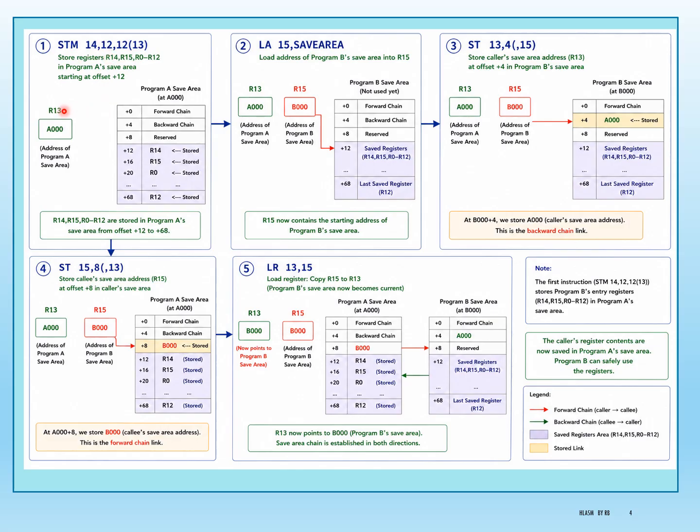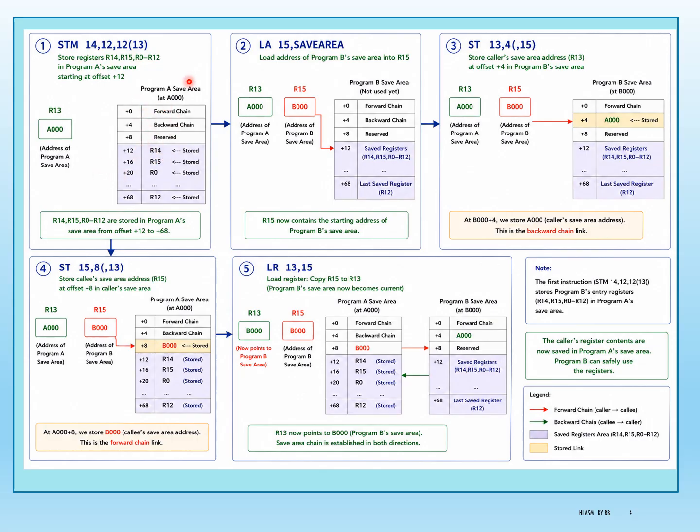So how do you read it? 14, 15, then 0, 1, 2, 3, registers go in a loop. You are starting from register 14, register 15, register 0 all the way to register 12. So what is missing here? Register 13 is missing. Why? Because we are using register 13 right now.